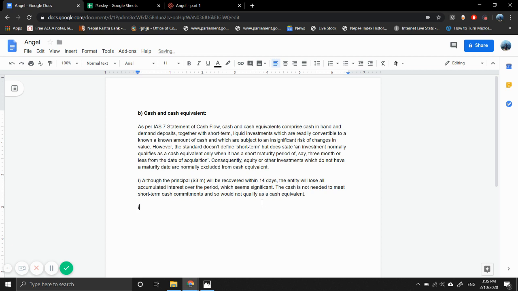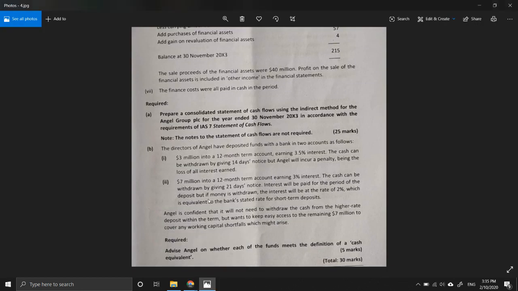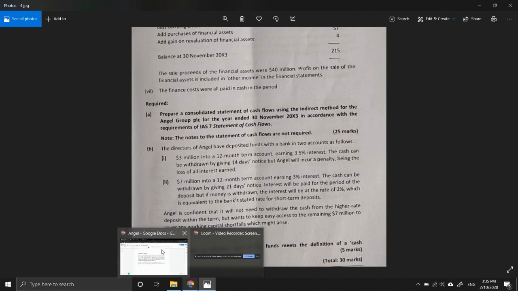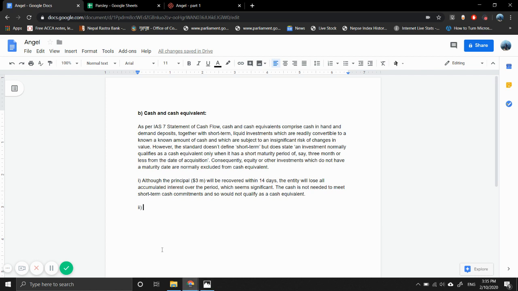So in the case of the second one, 7 million, 12 months, 3% interest, withdrawable within 21 days notice, interest will be paid for the period, but if money is withdrawn interest will be 2%, which is normally equivalent to the bank's stated rate of return, right?